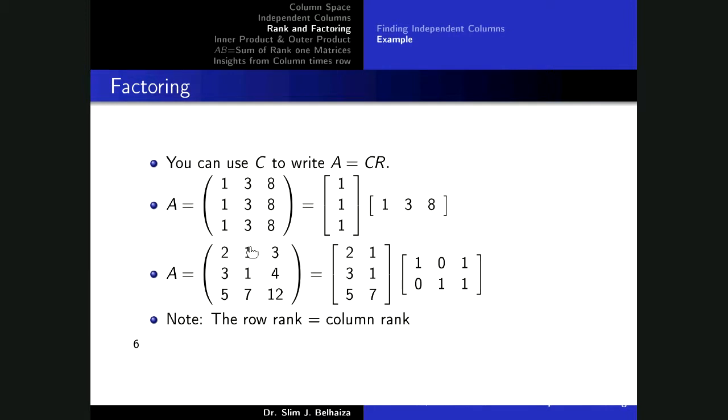In the second case, we have 2 linearly independent columns, column 1 and column 2, and column 3 was the sum of column 1 and column 2. You can check it: 2 plus 1 equals 3, 3 plus 1 equals 4, 5 plus 7 equals 12. We did the same thing. We applied the pseudocode, or the algorithm we defined in the previous slide. If you multiply this matrix C, which is [2, 3, 5; 1, 1, 7], by [1, 0, 1; 0, 1, 1], you can obtain A back.